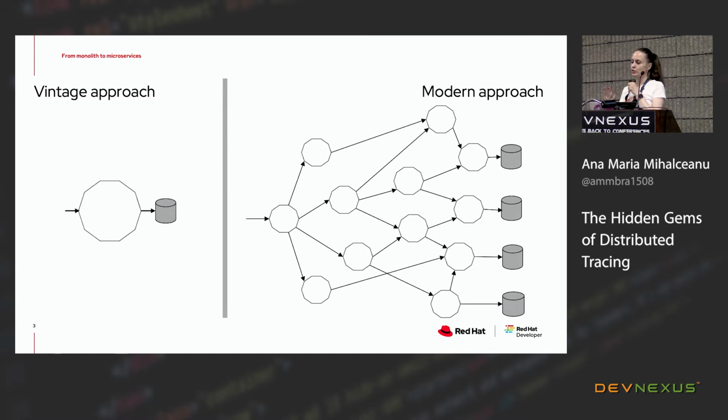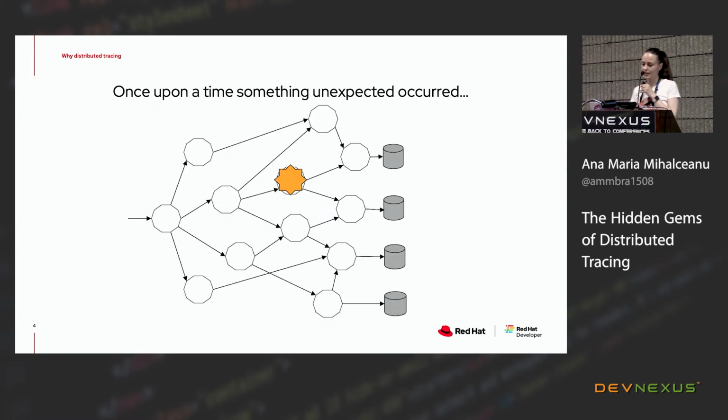However, with the modern approach, one challenge is to understand how your request has traveled across multiple services, what happened with it, and of course, if something wrong has happened to it at some point in time, to troubleshoot that issue.